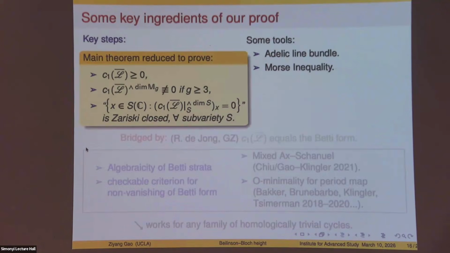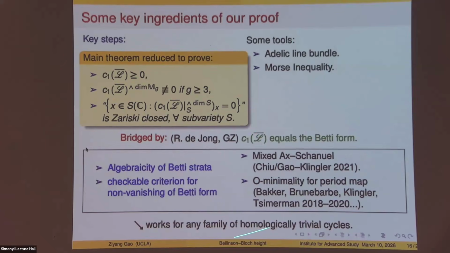And this bridge is, so we show that this curvature form equals the Betti form, which I'm going to explain later. But actually this was already proved by Robinson-Young before the language of that line bundle was available and before the Betti form was probably brought into attention of the story. Okay, so from this one, we can replace this curvature form by the Betti form later on.